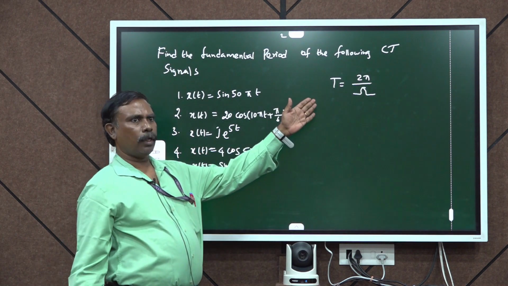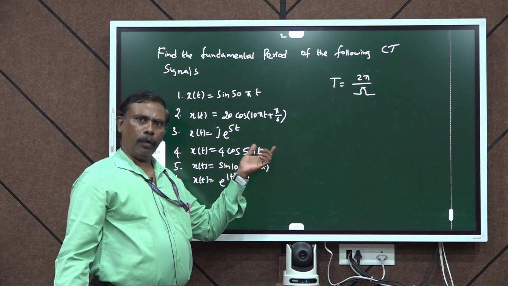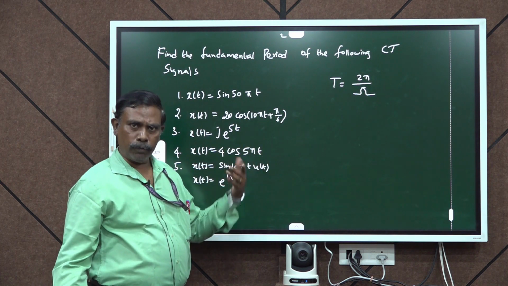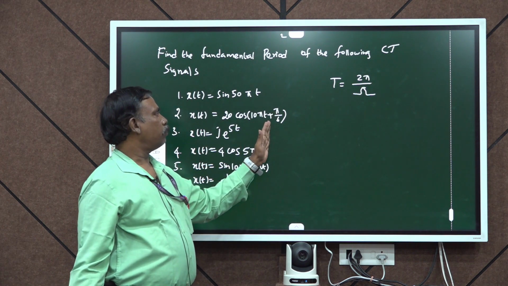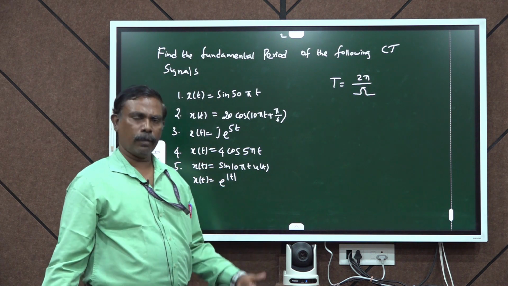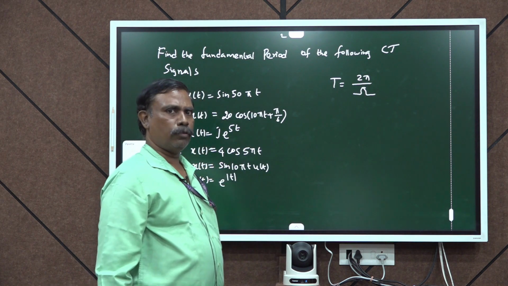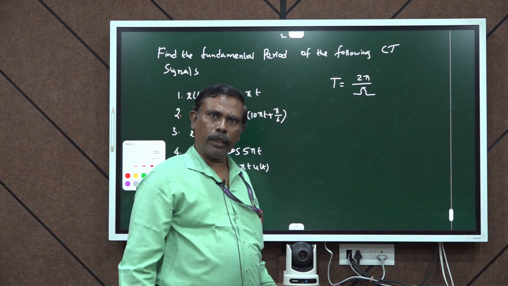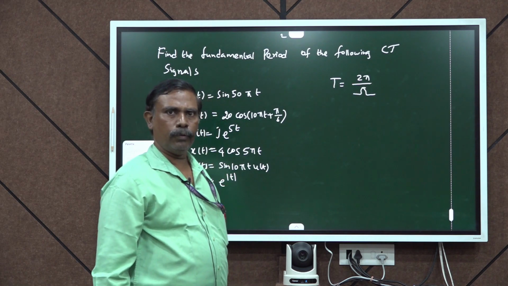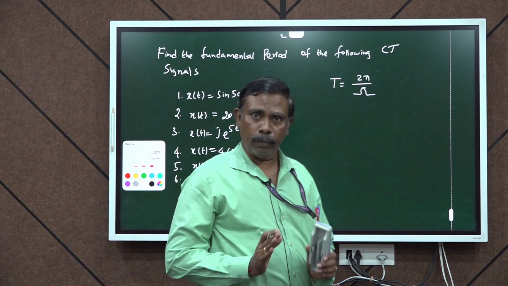As per our formula, there is no need for the phase term here. The question setter wants to confuse you, so they give cos of 10 pi t plus pi by 6. What is the fundamental period? Our formula is T equals 2 pi divided by omega. Omega is clearly given to you, so taking that is enough for solving the problem.